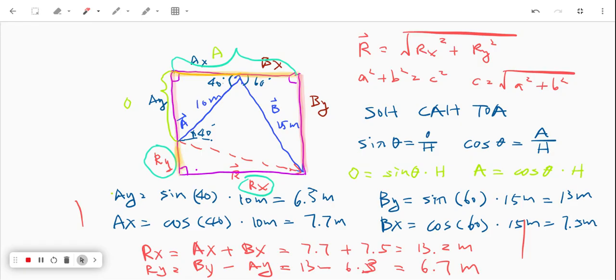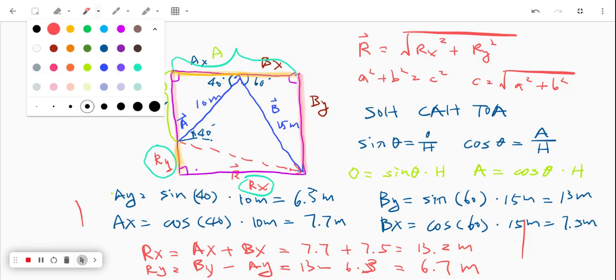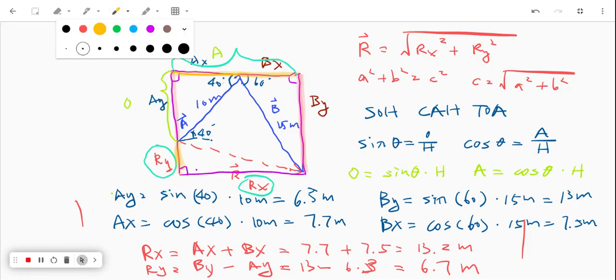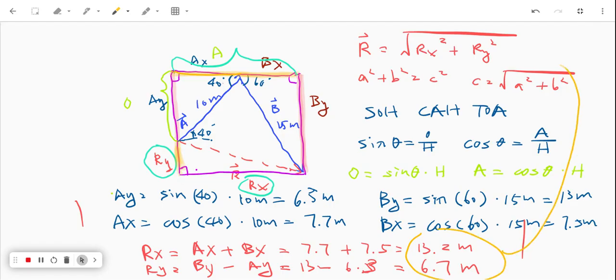Now once you find the RX and RY, you just plug these two numbers back into the original equation, and you can find the length. Is the x equal to AX plus BX and the y equal to BY minus AY? Is the x always going to be plus and the y always going to be minus? No, it depends on what type of shape you have.